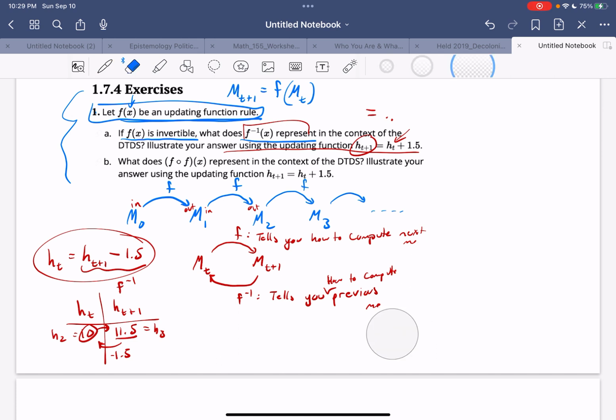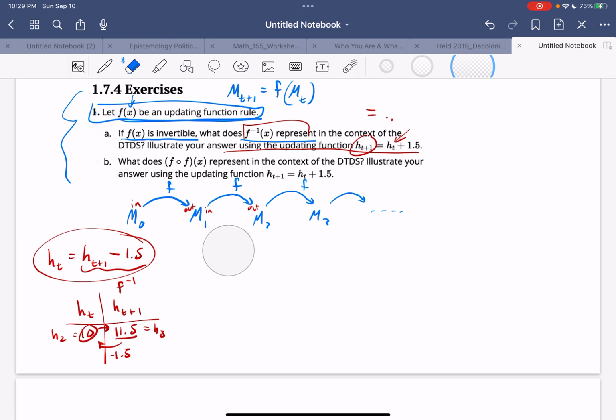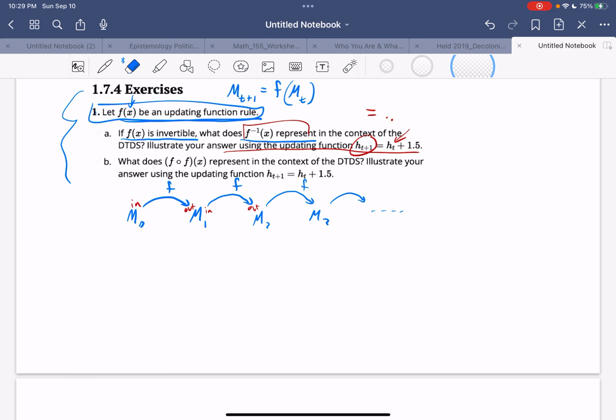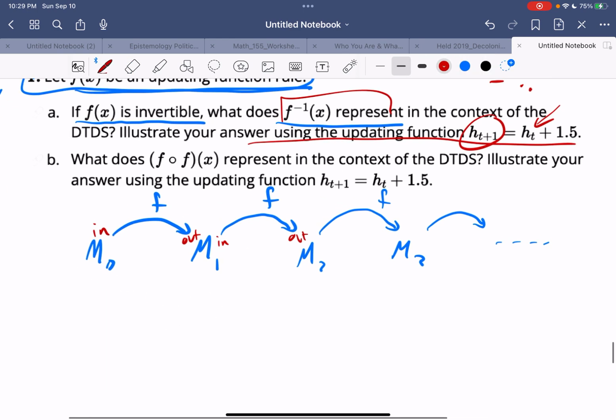Okay, so now f goes forward in time by 1 unit. So if you do 2 f's in a row, this is f compose f, you're going to go forward by 2 units.